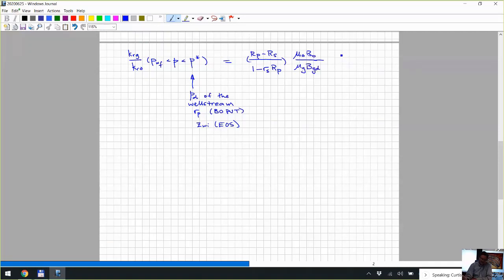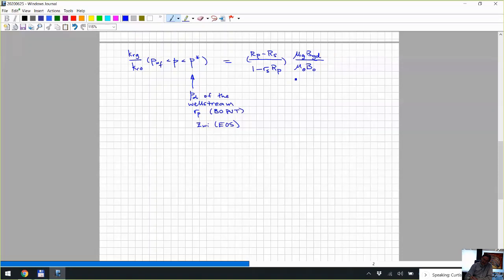I think that's right. No, that's not right. Basically, I know that the KRG needs to have the mu G, so that needs to be mu G, B G D. Is this correct, what we used yesterday? Okay, I think so.